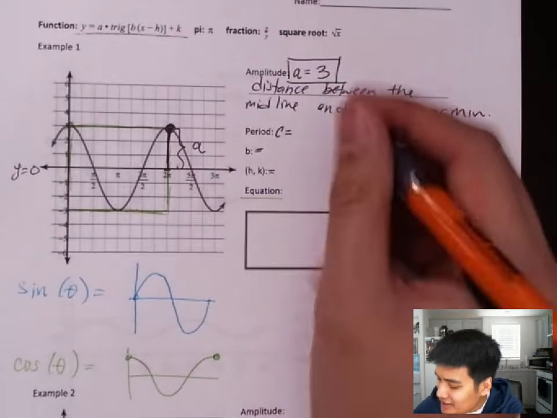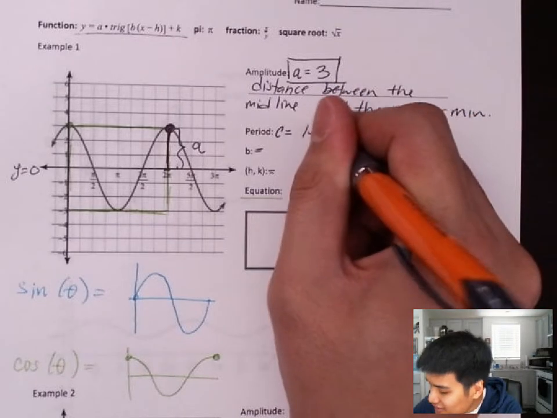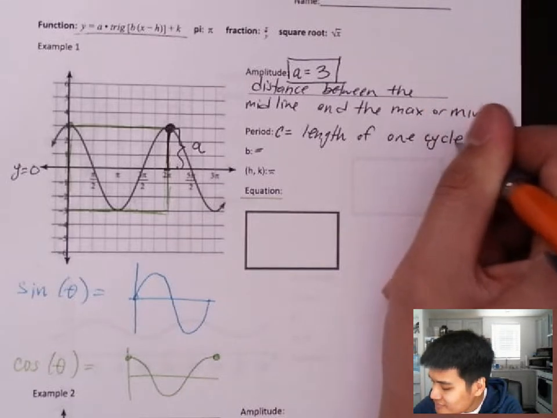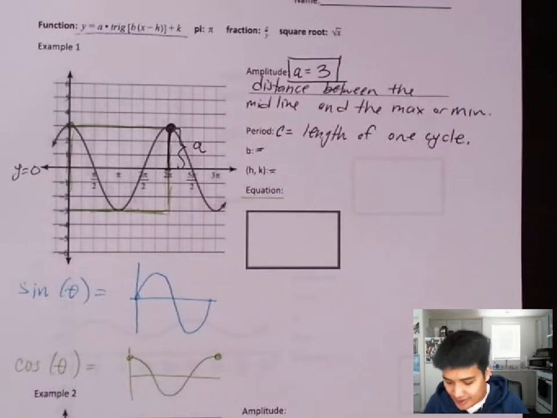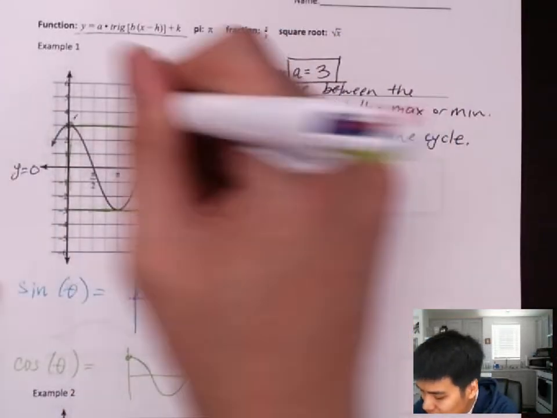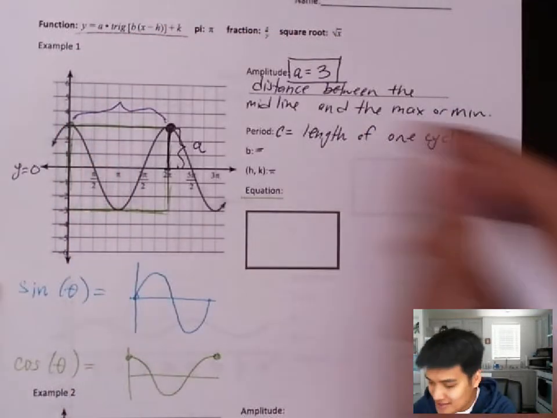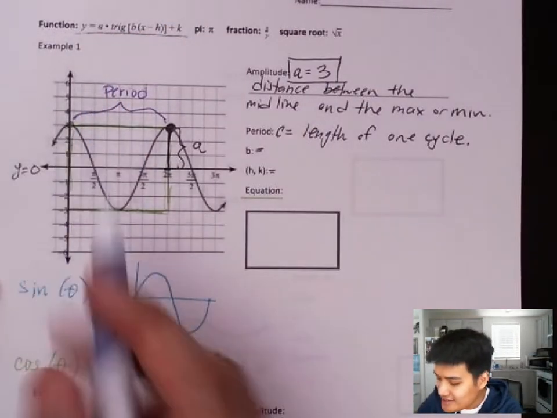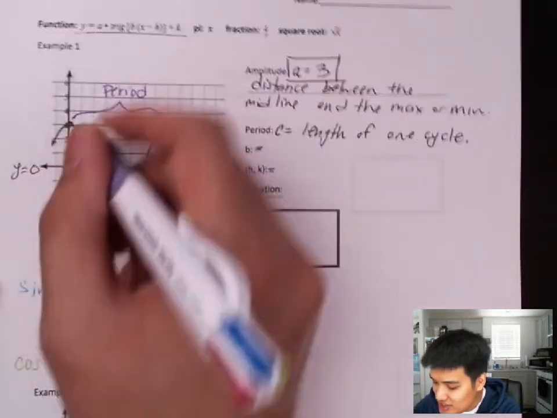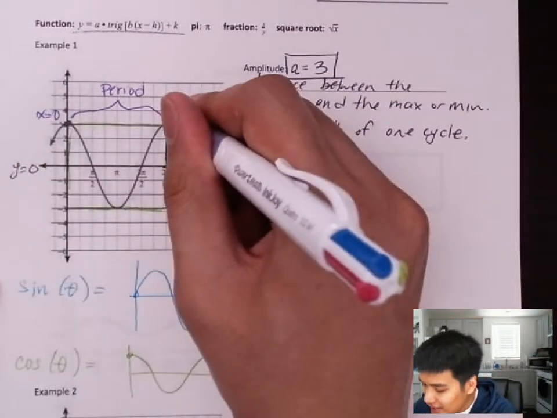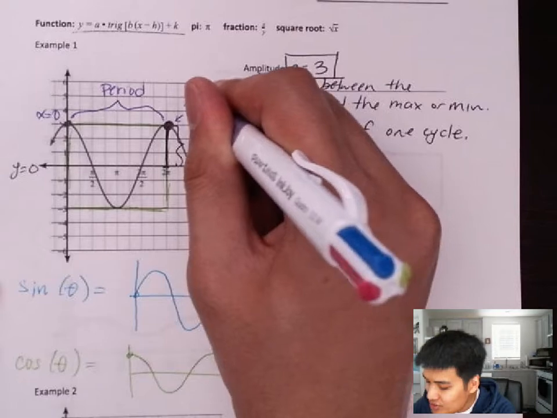So period here, by definition, is the length of one cycle. As you recall, this length that I have here, the distance from the starting point to the end point, that's the length of one period. In this particular case, it looks like our equation starts at x equals 0, right over here, but it also ends at x equals 2 pi.